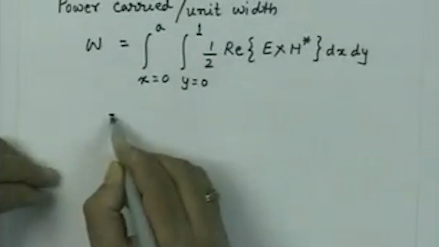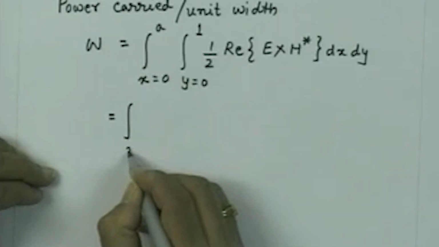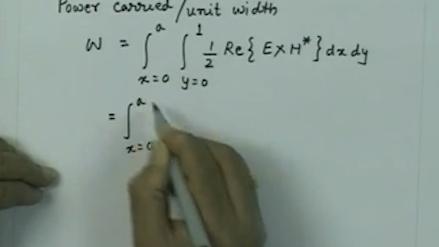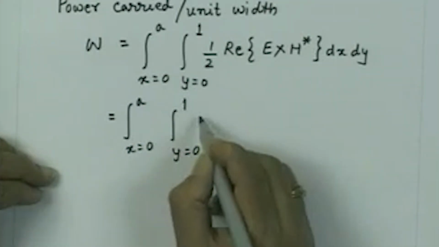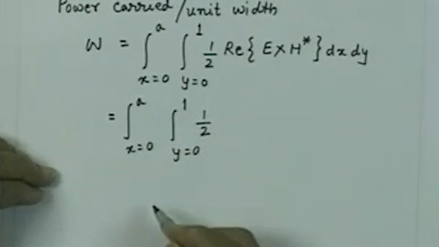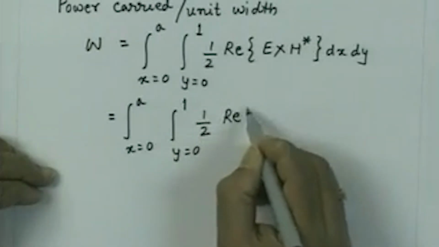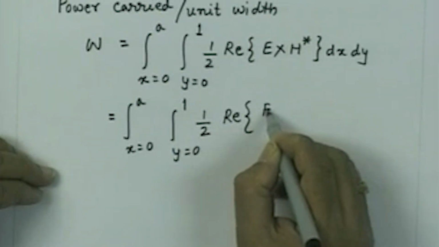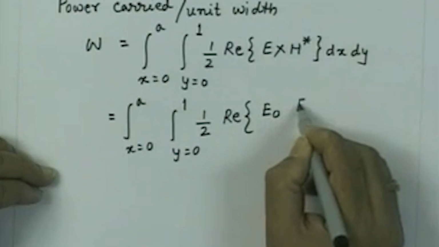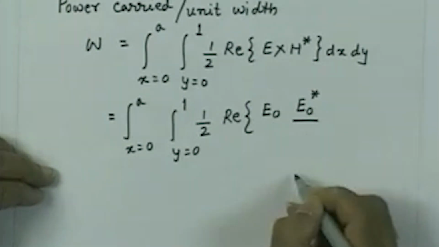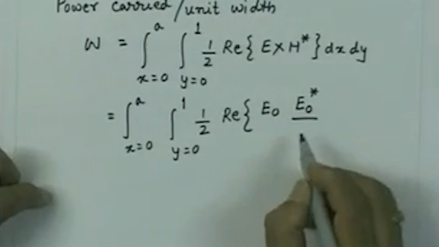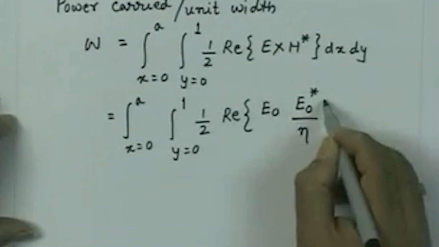So, essentially this will reduce to the integral x equal to 0 to A, y equal to 0 to 1, half real part of E0 conjugate upon eta conjugate, but for dielectric eta is real. So, that is same as eta.